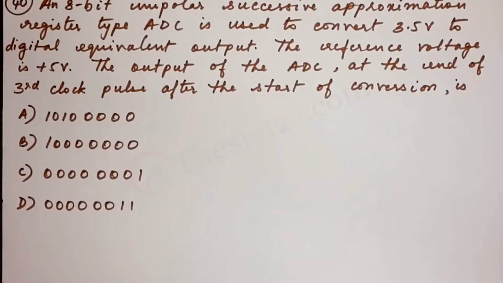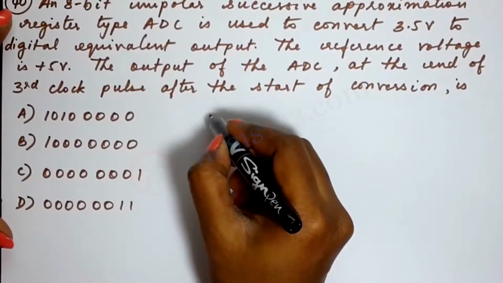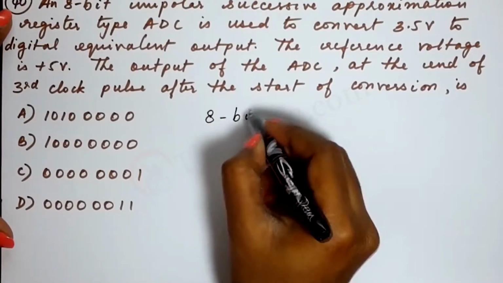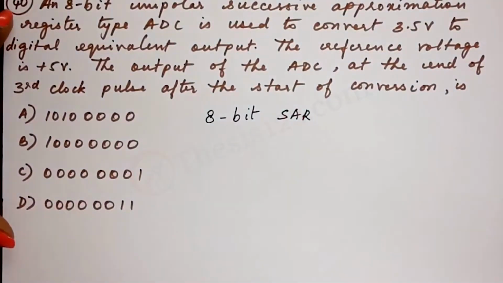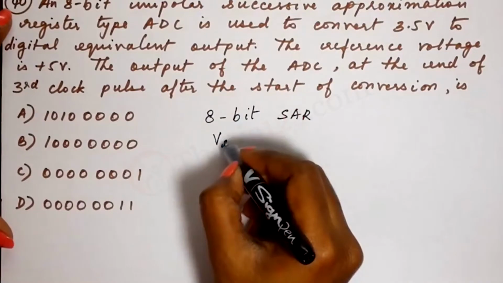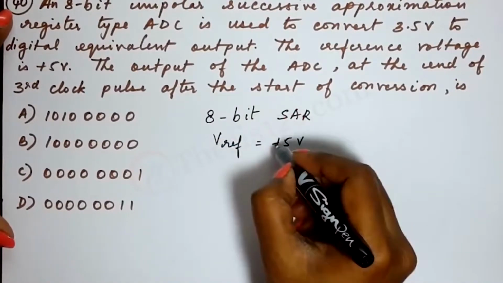So let's first write down in general what's given to us. We have been given that this is an 8-bit successive approximation register, and we have also been given that the reference voltage is plus 5 volts.